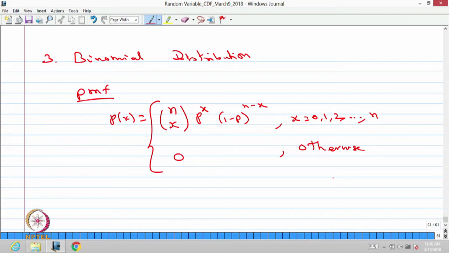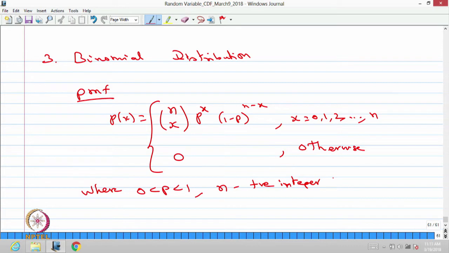Since this is a probability mass function, this is always greater than or equal to 0, and if you make a summation over x from 0 to n, that is going to be 1, and here the p value always lies between 0 to 1 and n is the positive integer.